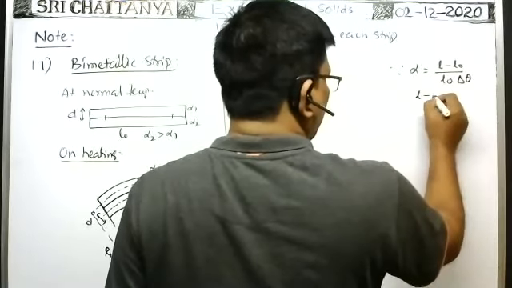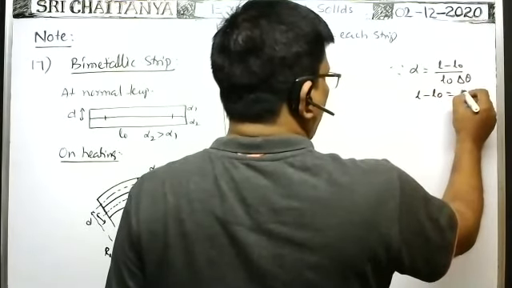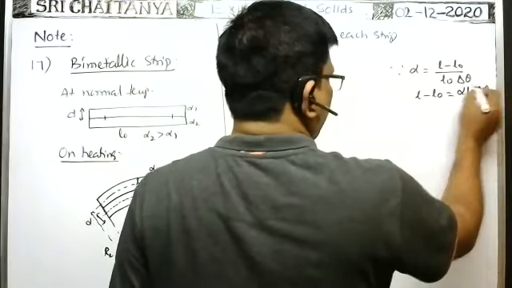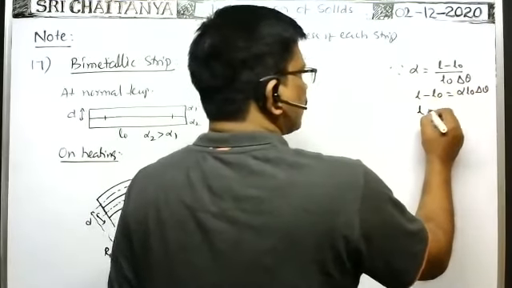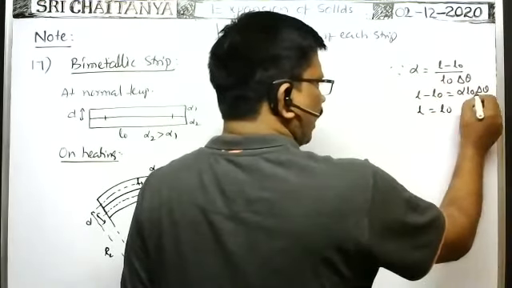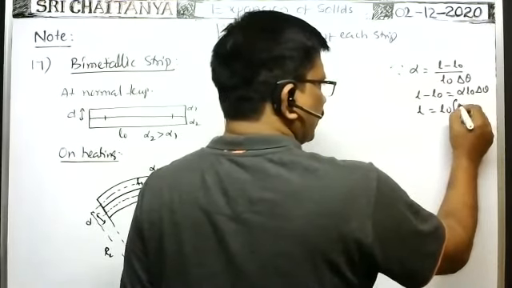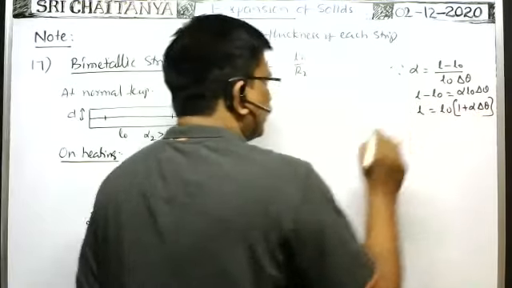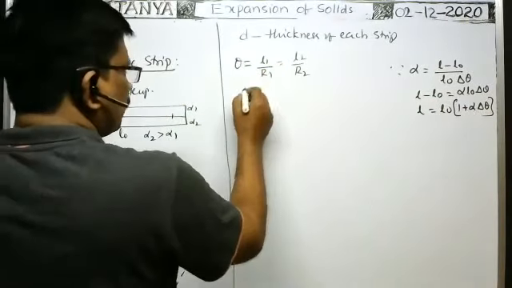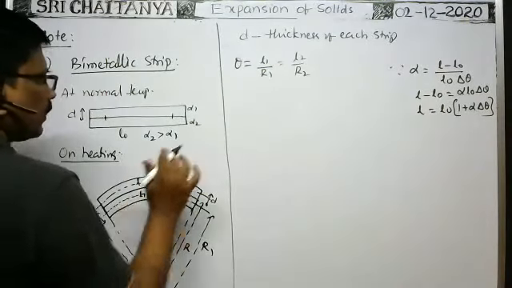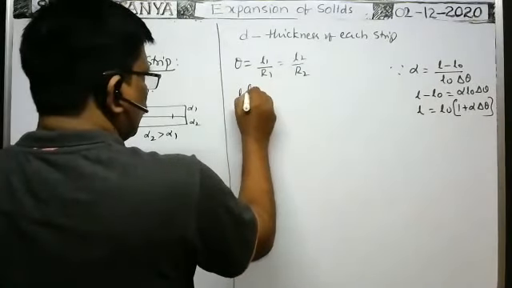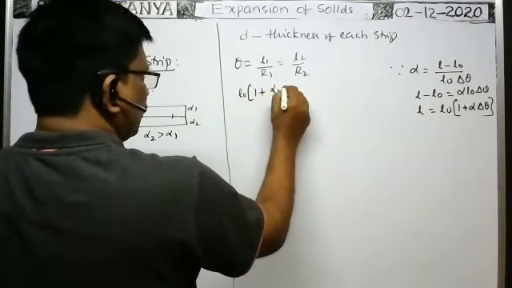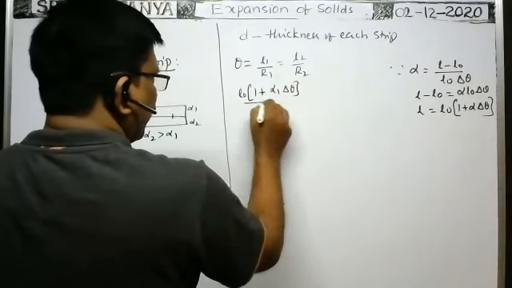From this, L minus L0 is equal to alpha L0 into delta theta, where L0 is the original length. So L is equal to L0 plus alpha L0 delta theta. When you take L0 common, L0 into 1 plus alpha delta theta is the final length of the rod. So we substitute L1, the final length of this rod, that is L0 into 1 plus alpha 1 into rise of temperature delta theta, by R1.